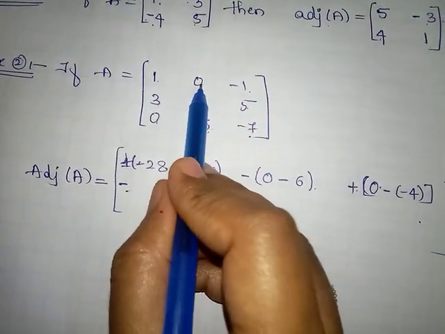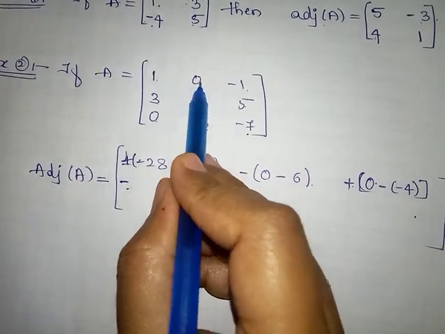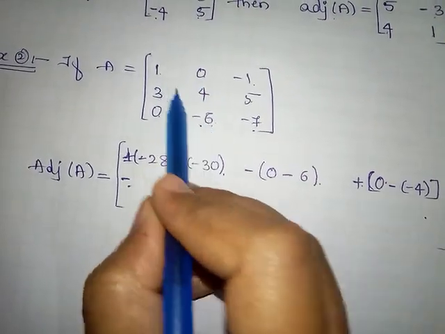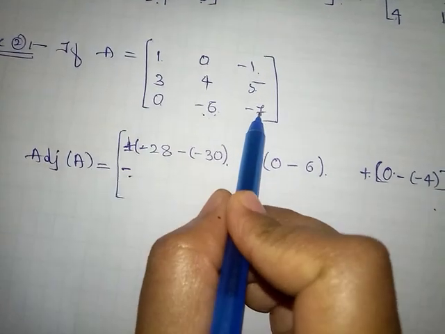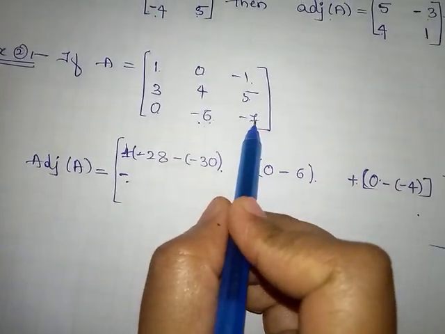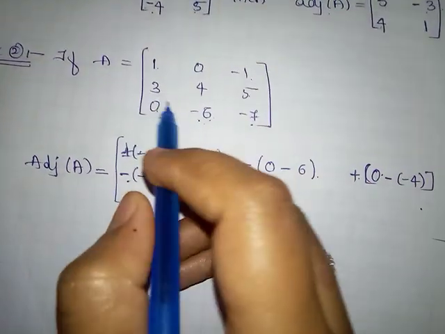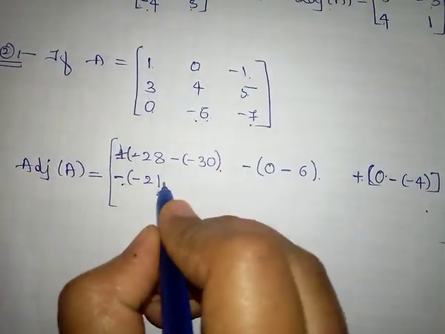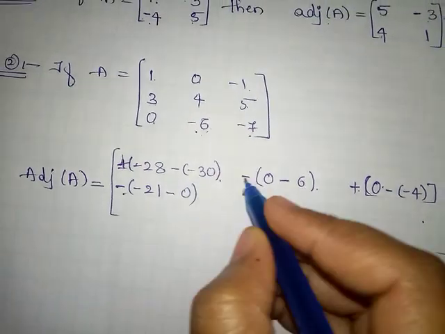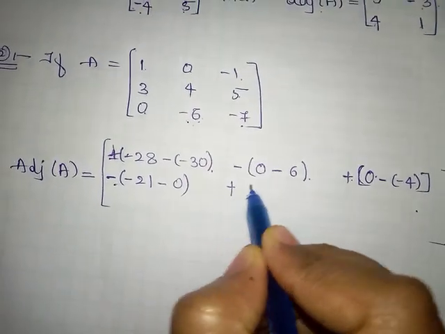Next, for this second column, first element, we have to avoid this column and this row. 3 7s are 21, minus minus 21, and 0 into 5 it is 0. Over. Next negative it is positive.